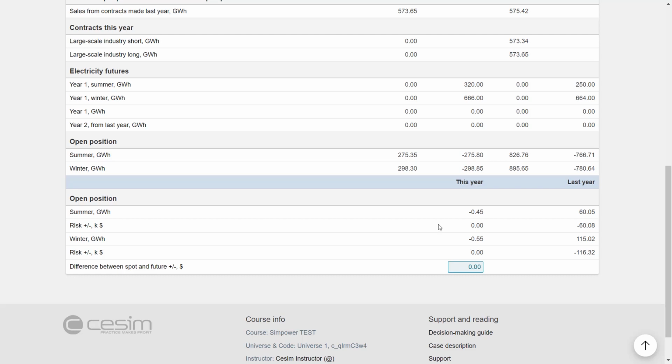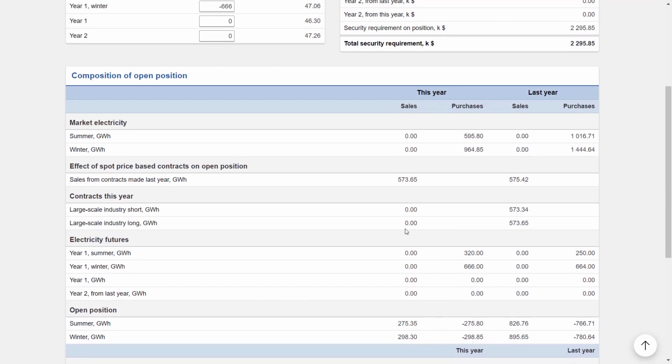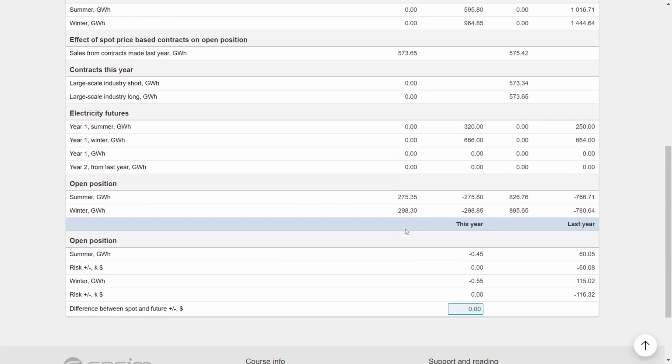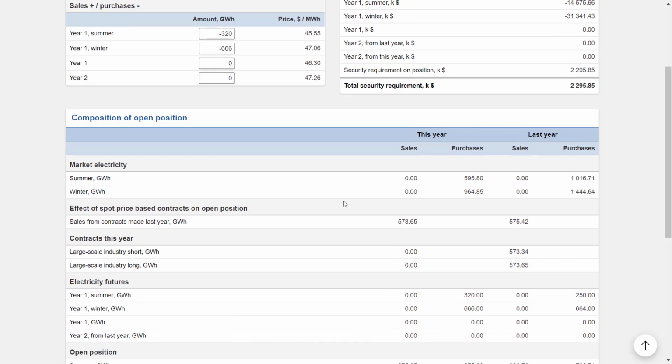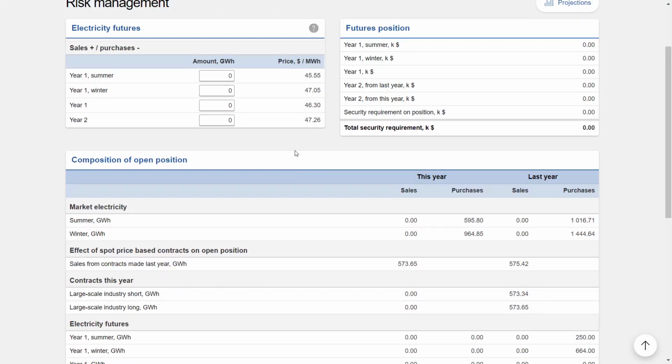We may or may not anticipate our sales volume accurately, and usually there's always a little bit of a gap between our forecast and the actual sales, so we will have a little bit of risk remaining anyway. It is totally fine for us also to leave the position open, which then means that we are betting on the price either staying the same or dropping.